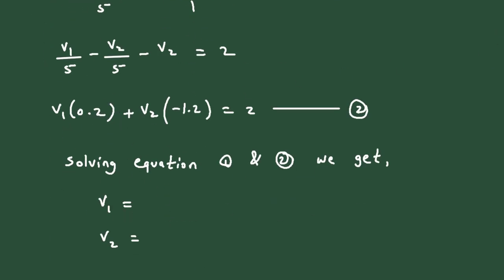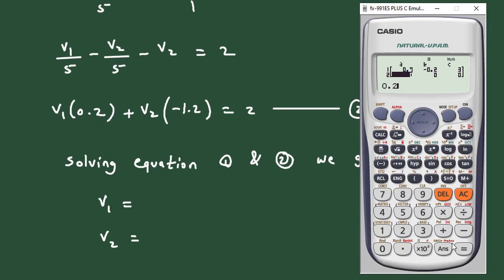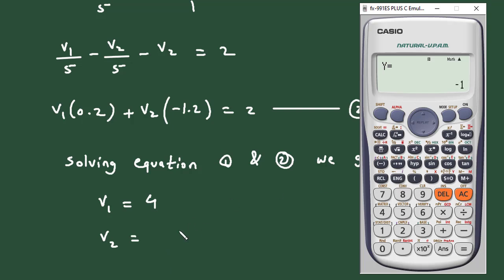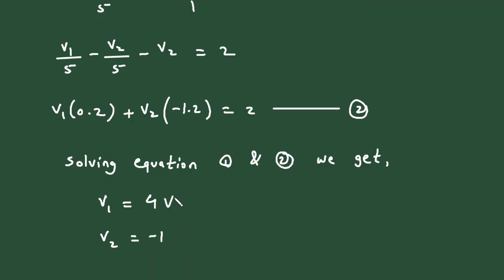And here this will be 0.2, minus 1.2, then 2. So therefore V1 is equal to 4 and V2 is equal to minus 1. Since it is voltage, its unit will be volts.